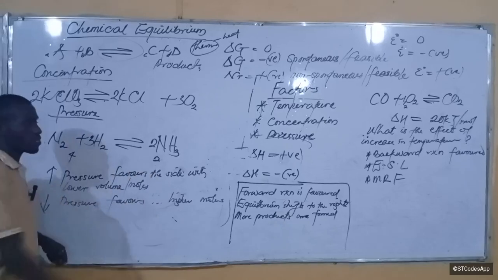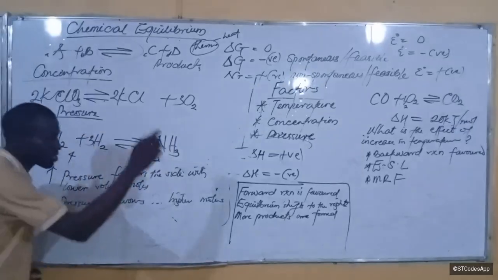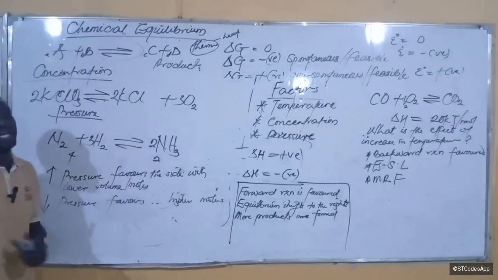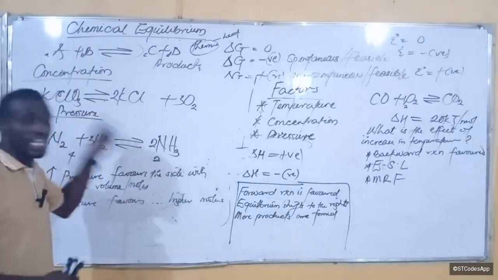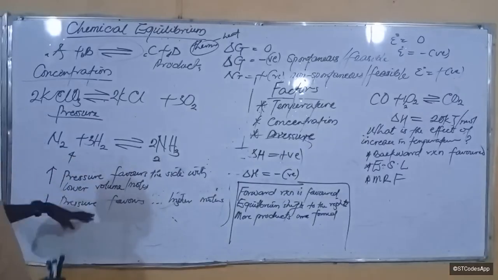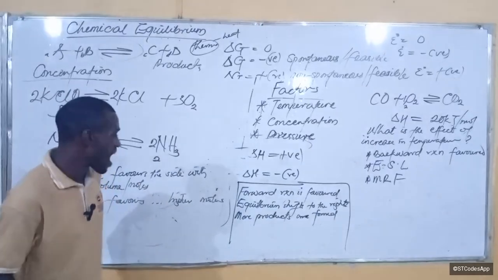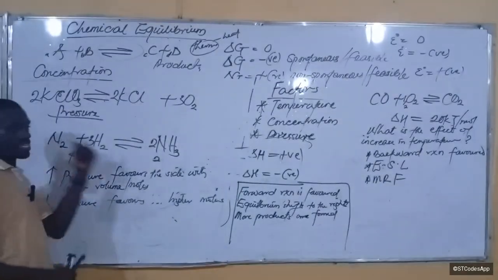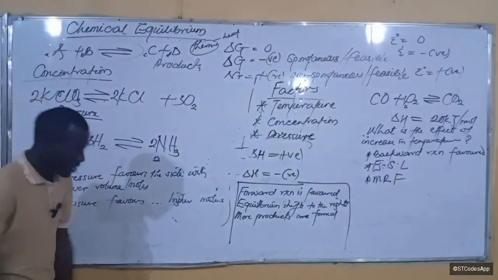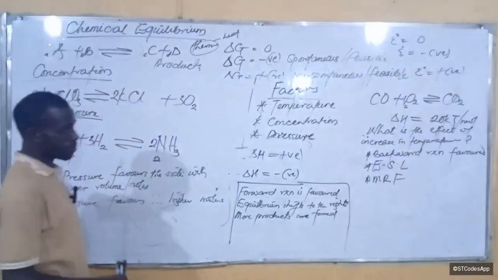So product formation, the forward reaction, is favored, equilibrium shifts to the right, and more product, ammonia, is formed. Is it clear? But if I decrease pressure, remember, a decrease in pressure favors the side with higher number of moles. Which side is that? The reactant side. So equilibrium shifts to the left, the backward reaction is favored, and more reactant is formed.